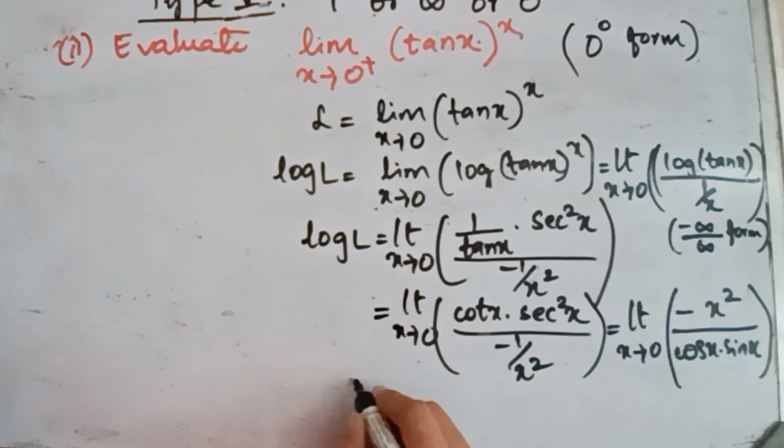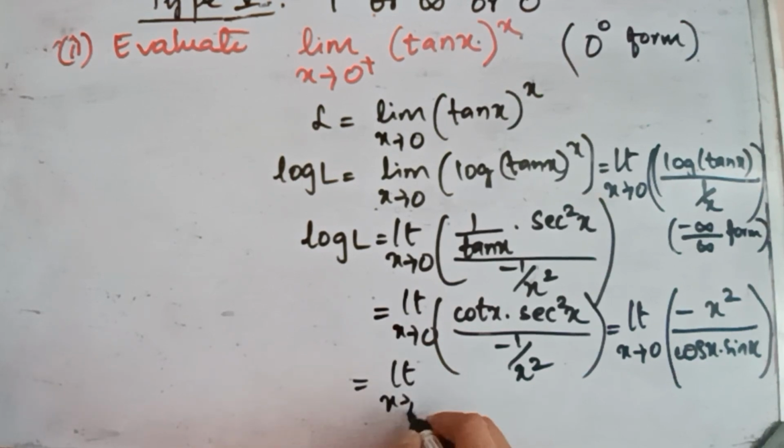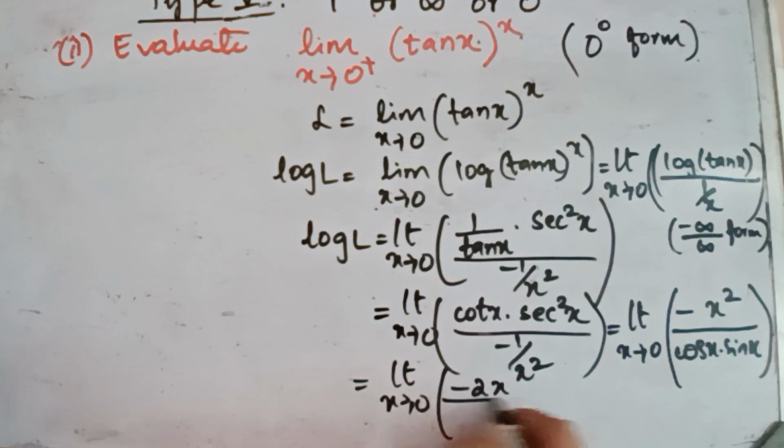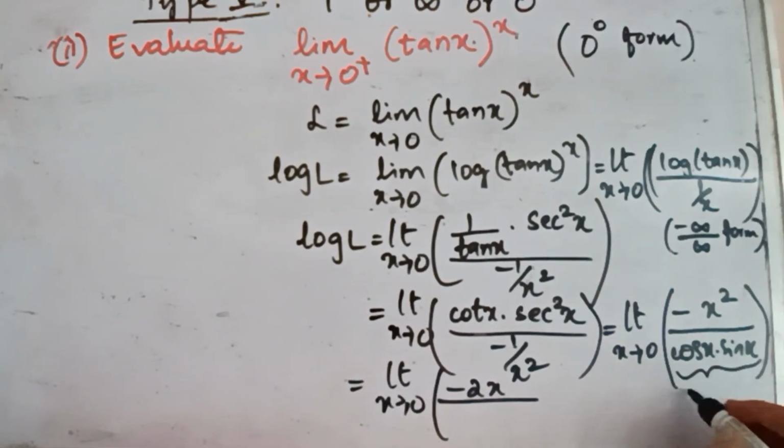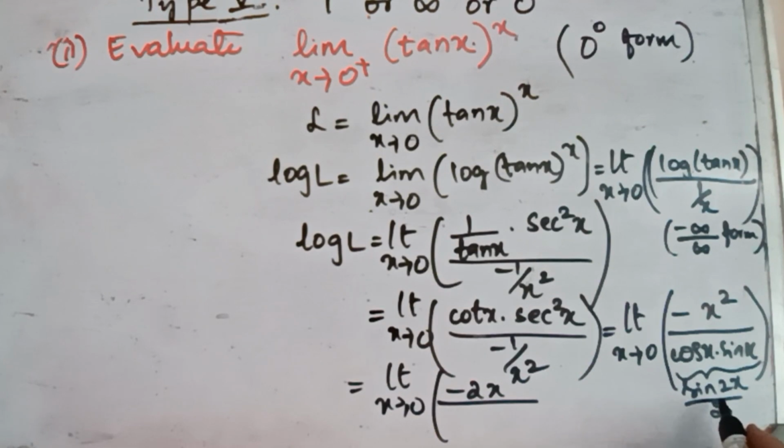So this gives you the limit as x tends to 0. Minus x square derivative is minus 2x, divided by the derivative of sin x into cos x. This can be written as sin 2x divided by 2. So the derivative of sin 2x equals cos 2x into 2. So here 2 cancels, and you will get cos 2x.